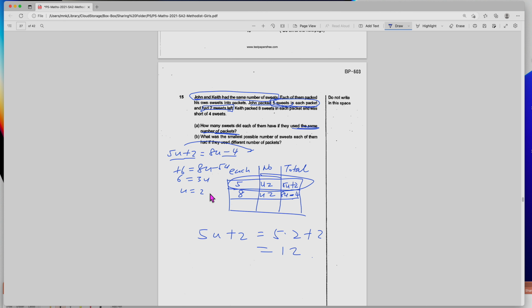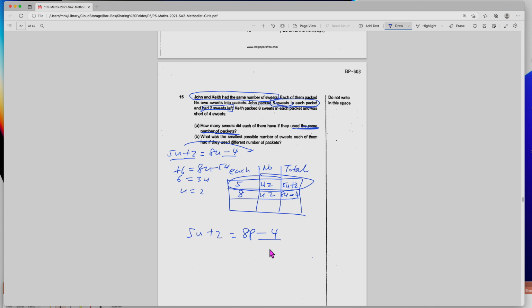Alright? Then after that, they say, what was the smallest possible number of sweets each of them had if they used different numbers of packets? Different number of packets, how? What if instead of U it is P? So you just continue. 5U plus 2 is equal to 8P minus 4.